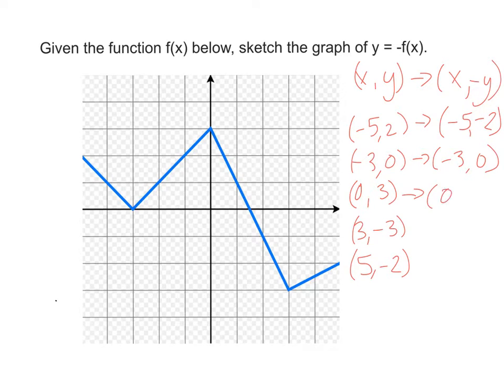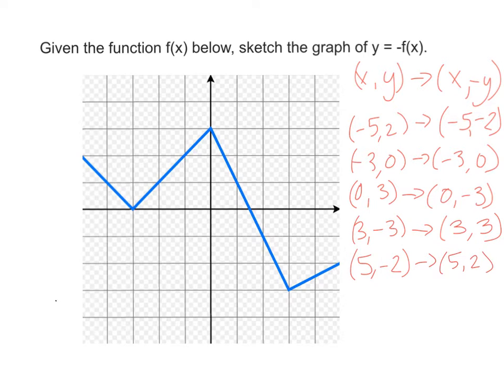This one's going to go 0, negative 3. What happens to this point? It's at 3, negative 3. It goes to 3 and positive 3. So negative here doesn't mean make it negative. It means switch the sign or multiply it by negative 1. And then this last one becomes 5 and 2.